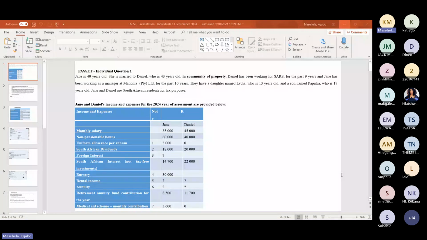However, if they are asking for tax payable or tax liability, it means you need to continue with your calculation. Your taxable income, you go and consult your individual tax table, where you are going to see the tax rate on that particular income. After you've identified that, then you come to the deductions, the rebates, the primary, the medical.